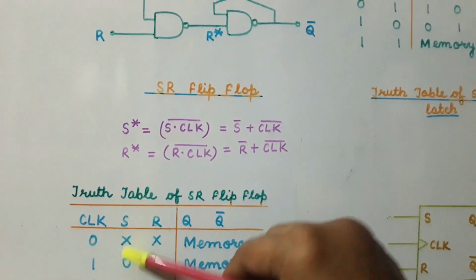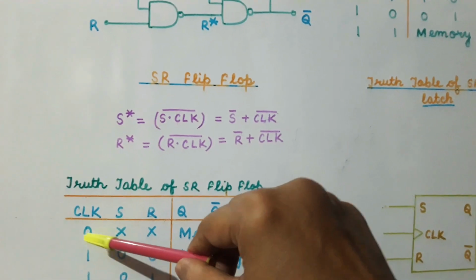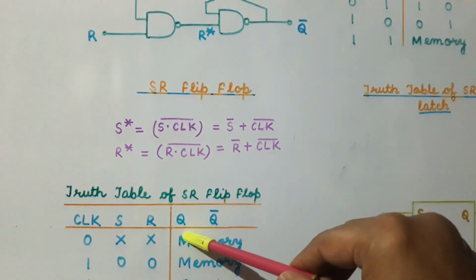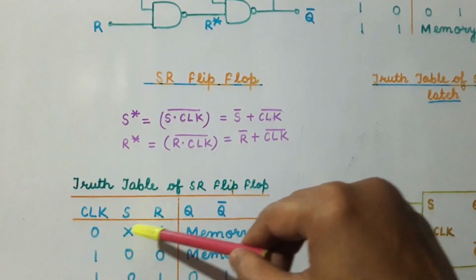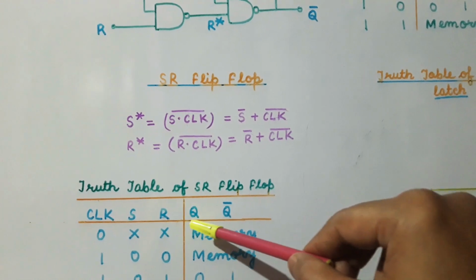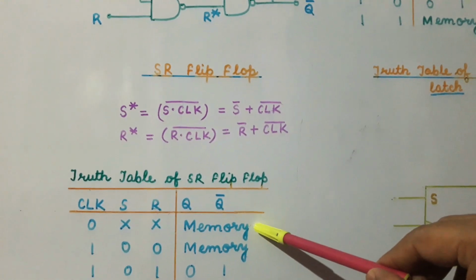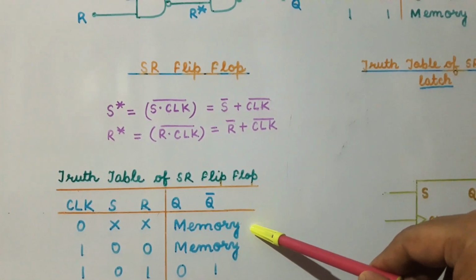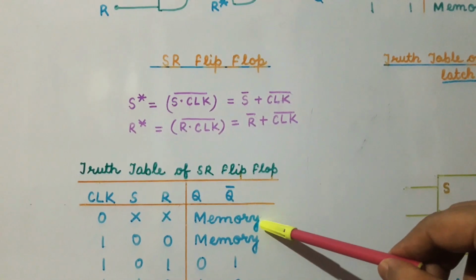So, we have represented them as X. So, when the value of clock is low, whatever be the input given to this SR flip-flop, it is not going to change the stored value, that is, we will get the memory in this case.